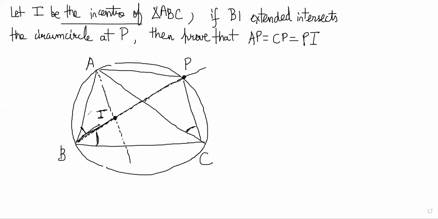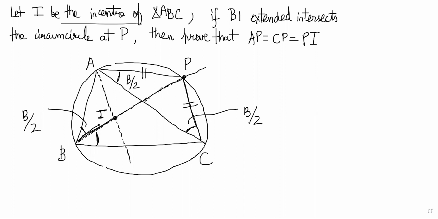Because it is a circle. So this is B by 2, then this has to be B by 2, right? Same here, CAP is also B by 2. So isosceles. Is everyone understanding what he is saying? So this becomes isosceles, so you can prove that this is equal to this.